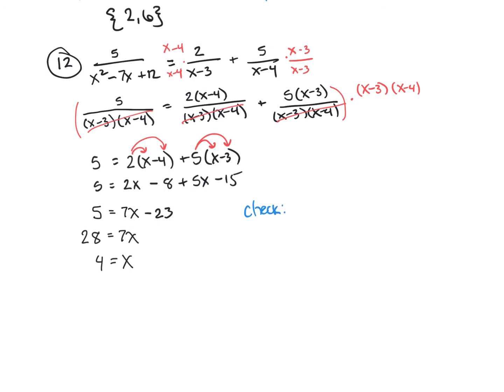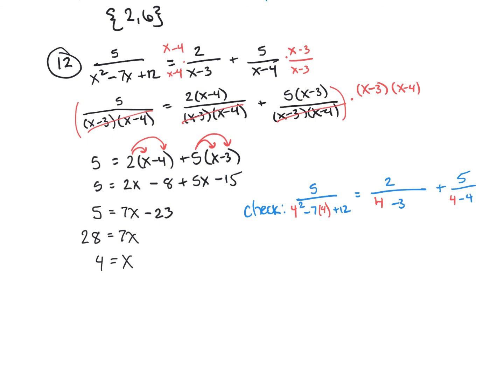If we do our check over here, we're going to have 5 over 4 squared minus 7 times 4, whoops, where are we at? There we are. Plus 12 is equal to 2 over, that's a 4 minus 3 plus 5 over 4 minus 4.